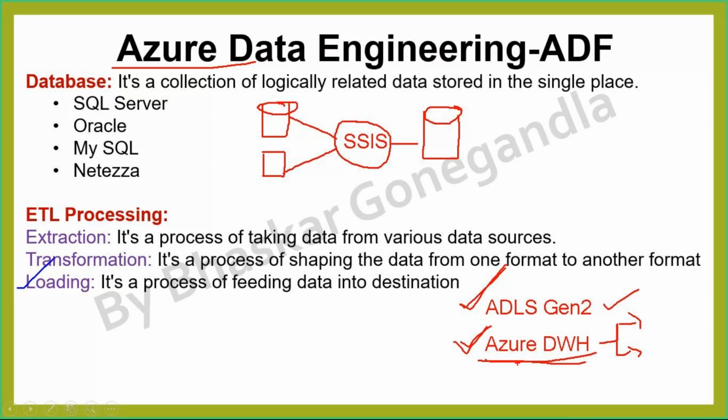But again, this is not designed to run the business. This is only for analysis. So in place of a traditional data warehouse, they came up with the modern data warehouse, which is built on top of Azure Data Lake Storage Gen 2.